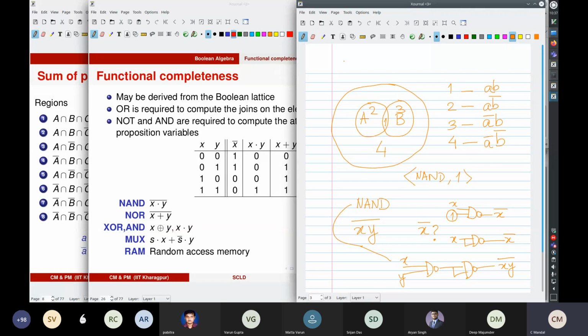Sorry, I made a mistake: this will give you xy, not (xy) bar. Then using De Morgan's laws you can get OR as well.